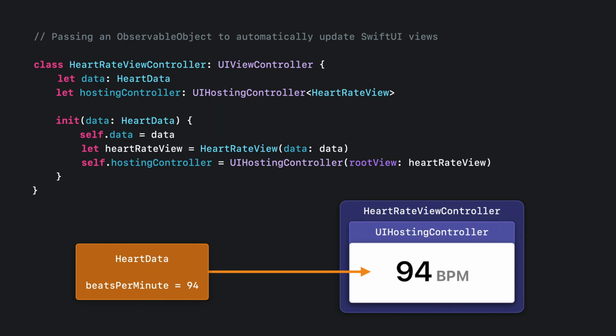Because this changes a published property on an observable object, the heart rate view is automatically updated to display the new value. We no longer need to manually update the hosting controller when the data changes. This is why Observable Object is a great way to bridge data from UIKit to SwiftUI.